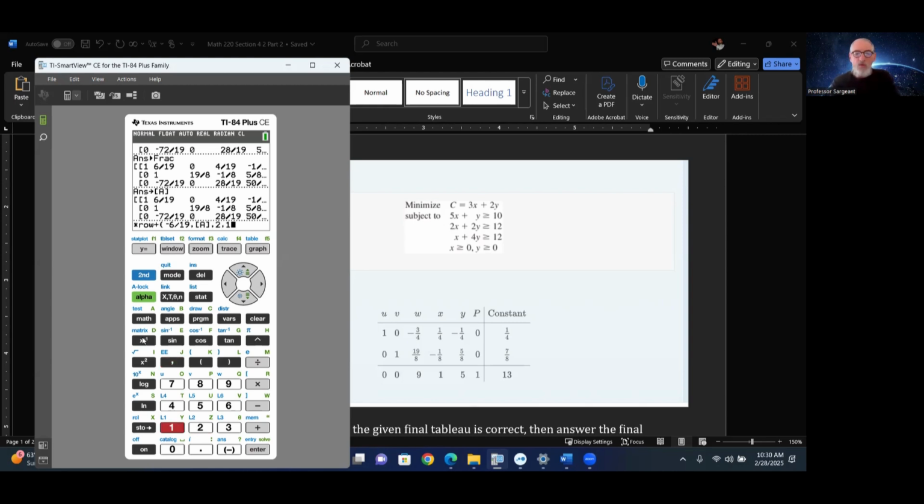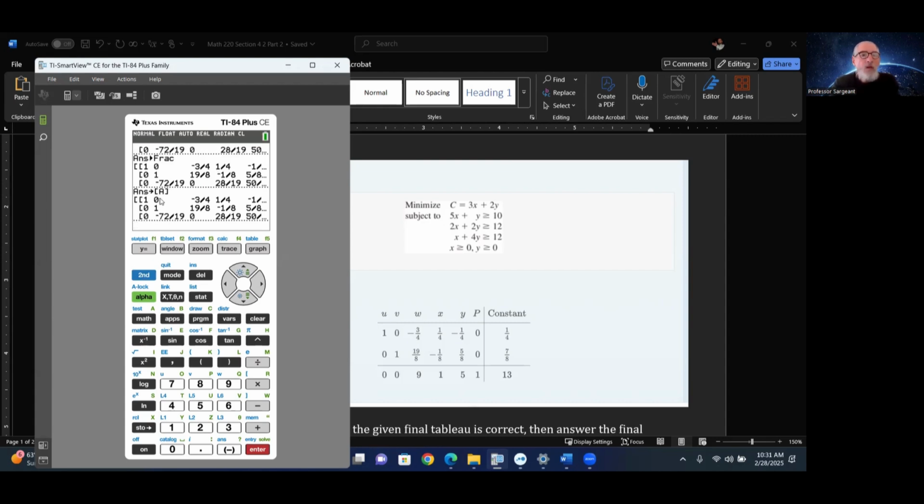What's being changed is row 1. Convert back to fractions again. And then store to update matrix A.